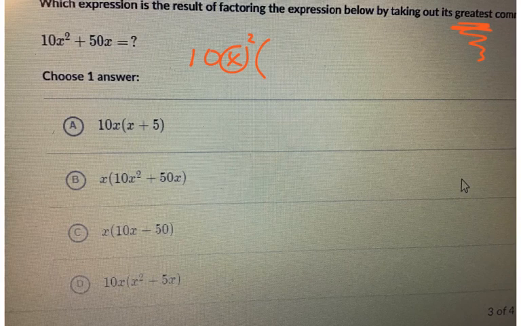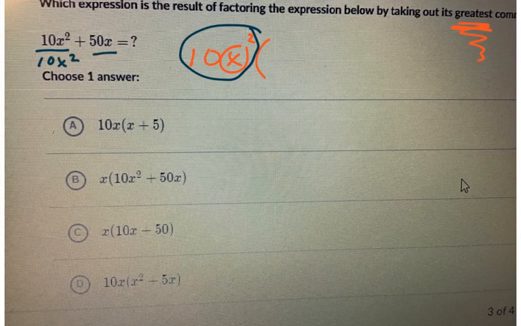Again, one way you can think about it is I want to factor out 10x squared. So I'm going to divide each one. Sorry, 10x, right? It was an x squared as I showed you. So I'm going to divide by 10x here. 10 over 10 is 1.